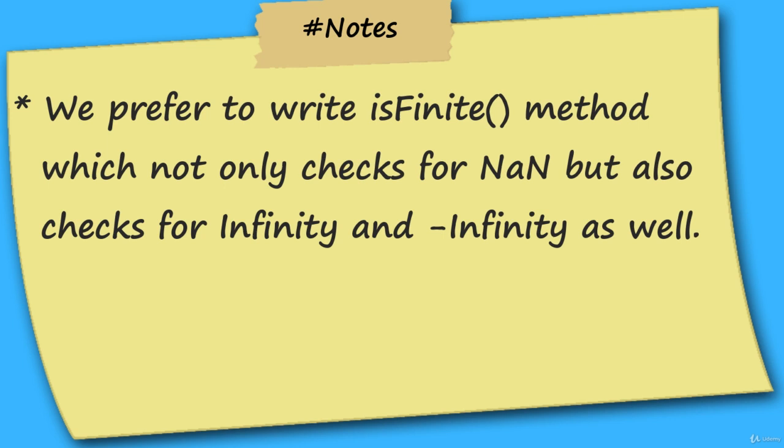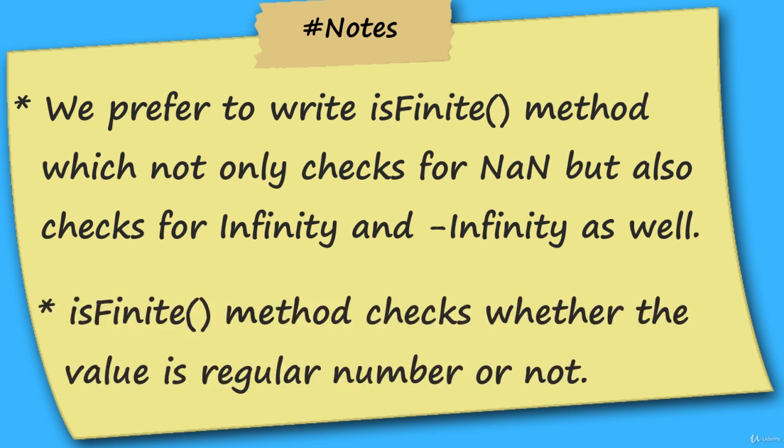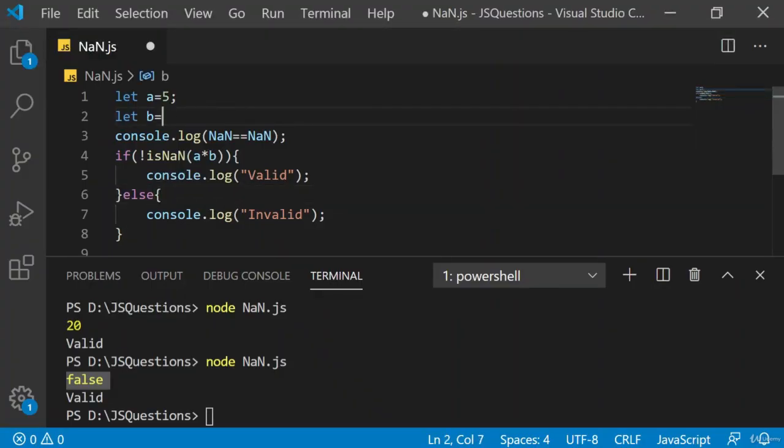Sometimes we prefer to write isFinite method, which not only checks for NaN but also checks for positive infinity and negative infinity as well. In short, isFinite method checks whether the value is a regular number or not. Let's see this practically. We will again keep this b is equal to string, that is value.